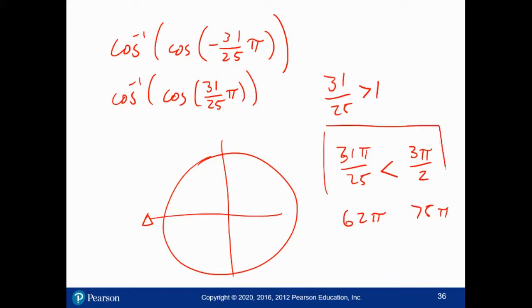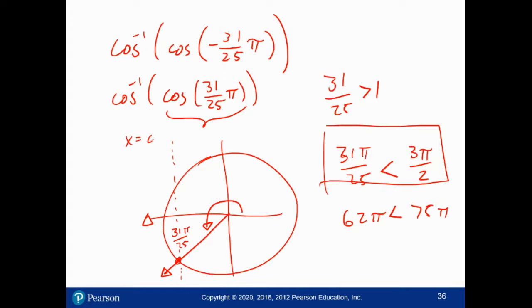That one is. So the angle we're looking at now, 31 over 25 times pi, is bigger than pi but less than 3 pi over 2. That puts it somewhere in quadrant 3. So here it is, 31 pi over 25. We're now looking at the cosine of that angle. That's an x-coordinate. So here is the line given by x-coordinate is the cosine of 31 over 25 pi.